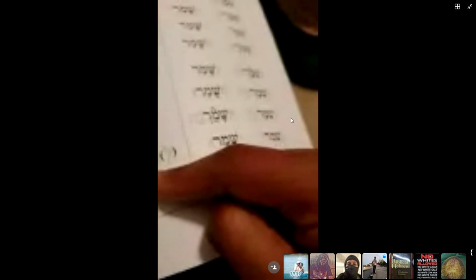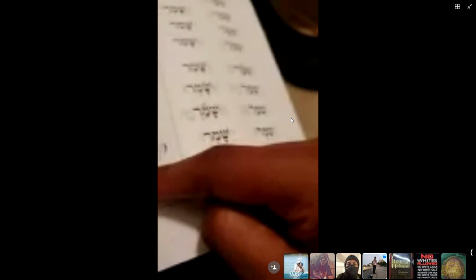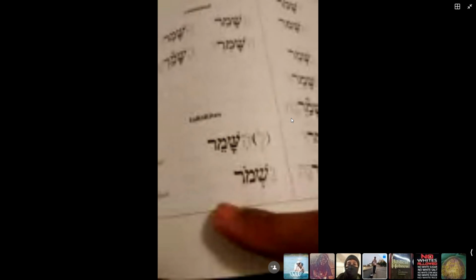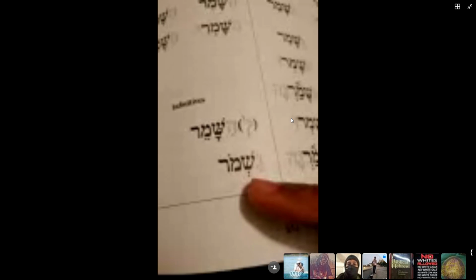Right here, it's lehishamer. But it could be any verb in the nifal that you're trying to say in the nifal infinitive, and it would be lehi. That is just how that works. But you can also think of it as branching off from that command form as well. And then you still have also your emphasis form, nishmor.